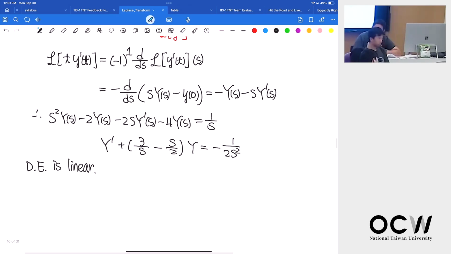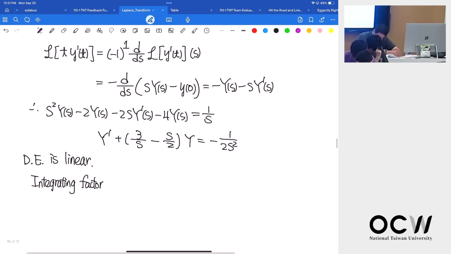Since it is linear, then I need the integrating factor. So here is the integrating factor: e to the integral of 3 over s minus s over 2 ds.